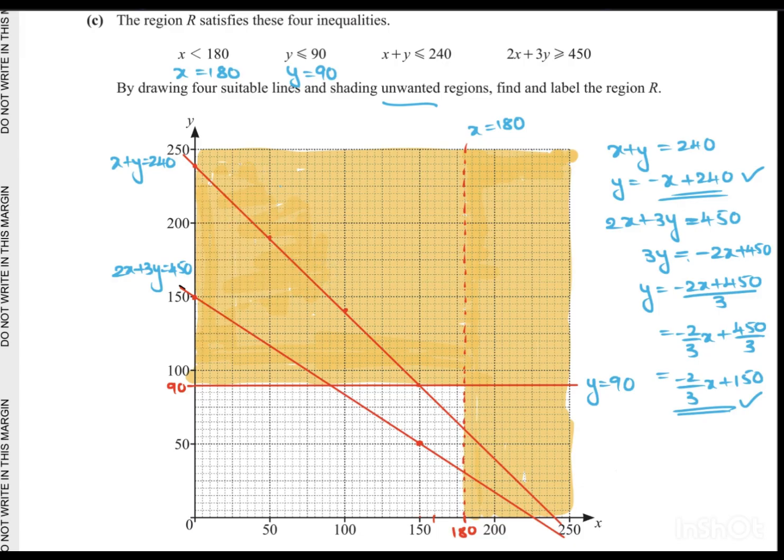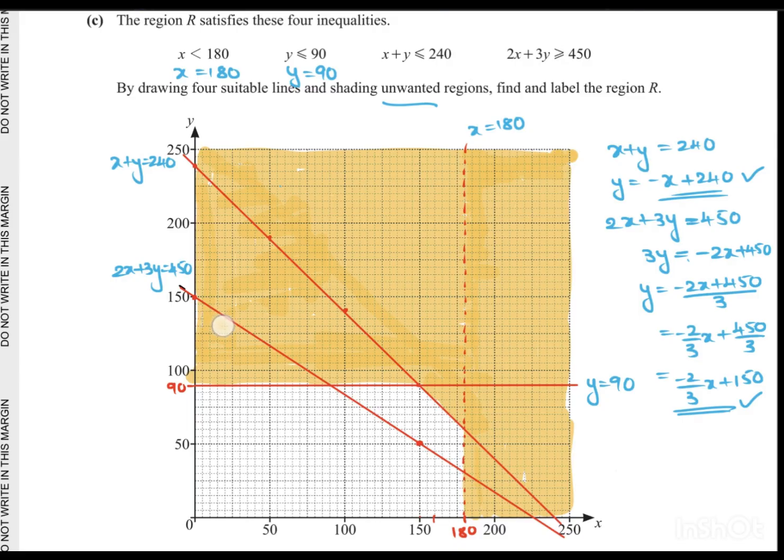This is done. Now x plus y less than or equal to, so it should be below, so we have to shade the above part. Undo. This part we need to shade. It is already shaded, so only a little bit is needed here. This is x plus y less than or equal to 240. Then 2x plus 3y, this one we need to shade, which is greater than or equal to 450. So it should be above, but we have to shade the below part.